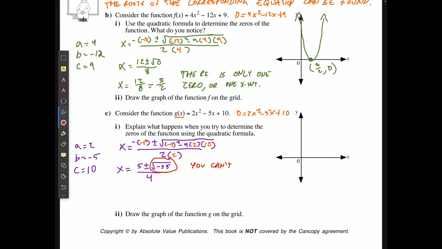You can't take the square root of a negative number. Which means there are no zeros.